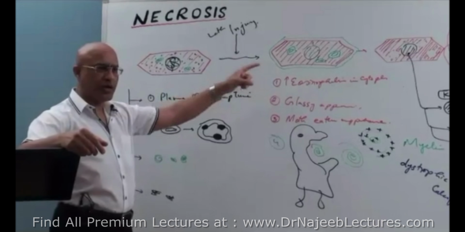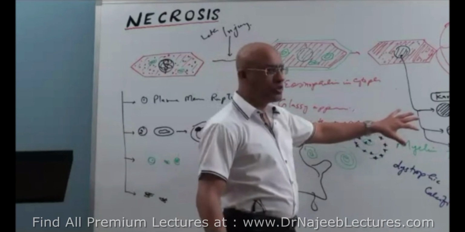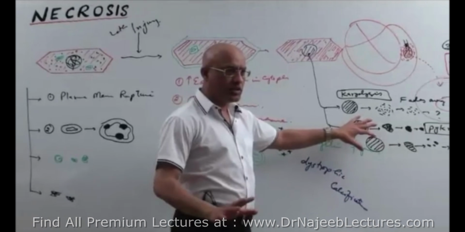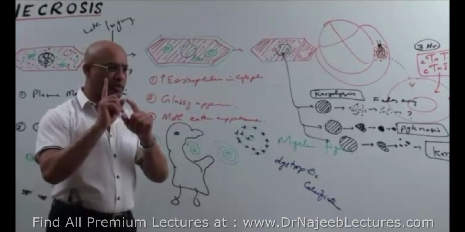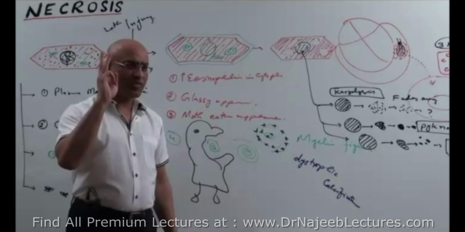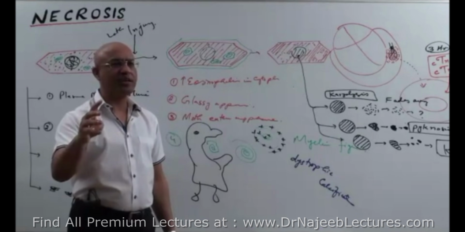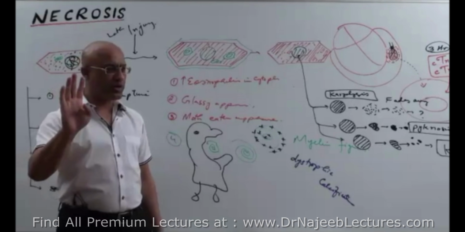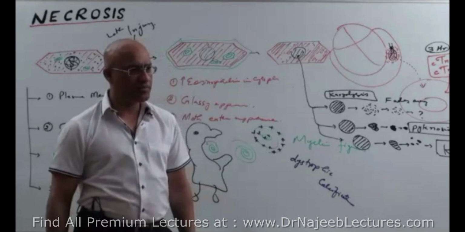So again I will repeat, there are changes in the cytoplasm which can be manifested by light microscopy or by electron microscopy, and there are changes in the nuclei, right? Nuclear and cytoplasmic changes under the light microscope: increased eosinophilia, glassiness, moth-eaten appearance, and myelin figures are left, which may be either totally phagocytosed or, if they stay longer, they will become calcified.